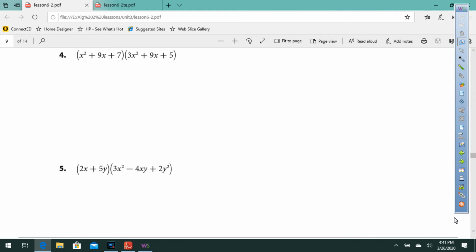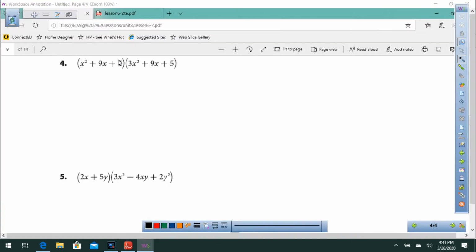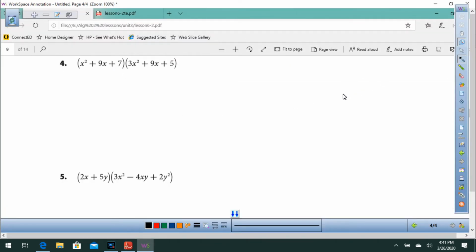All right, number 4. Here's another one where we have a 3 and a 3. This time I'm going to show you using the distributive method. You have x squared times 3x squared. That's going to be 3x to the 4th.